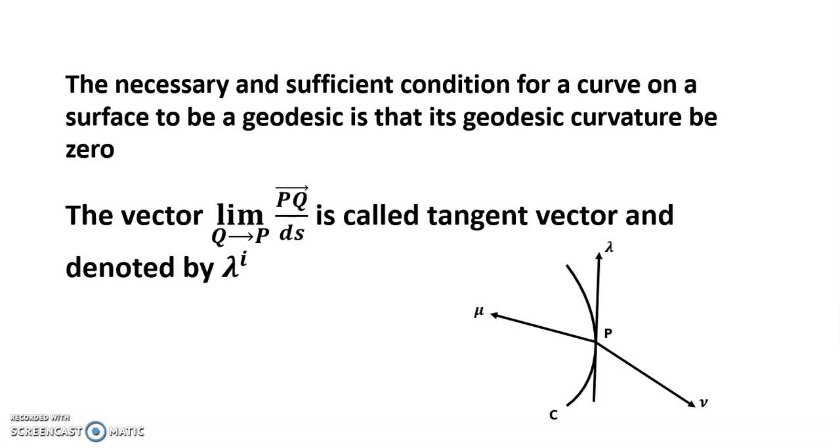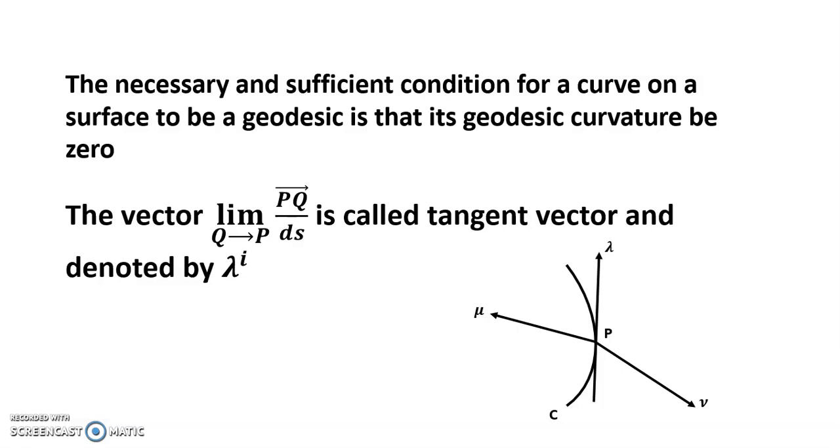So in here the normal vector is ∂λ^i/∂s, which vanishes or is orthogonal to λ^i. Any vector which is orthogonal to the tangent vector at some point of a curve is said to be a normal vector of the curve at that point.